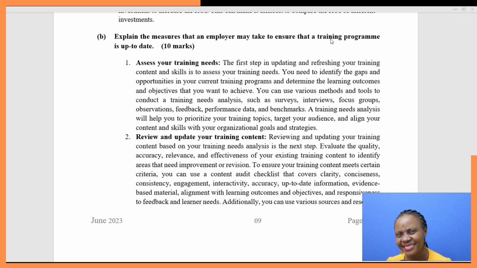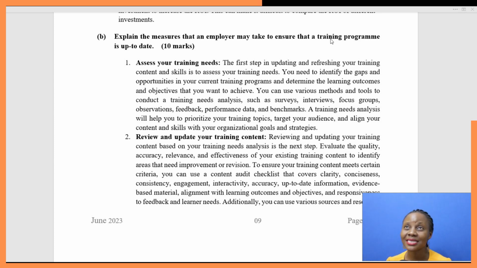Always assess the needs, because needs keep on changing. These gaps keep on changing depending on the dynamic nature of the environment. So assess the needs and try to know what is needed and give accordingly. And then always review and update your training content, because of the pace at which things keep on changing.